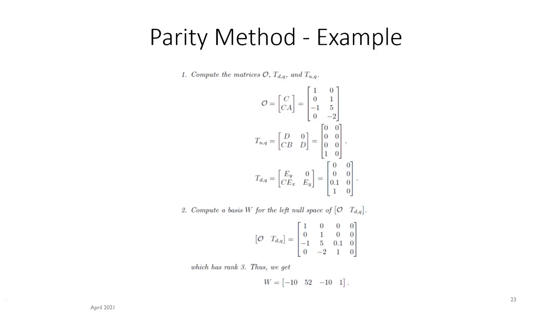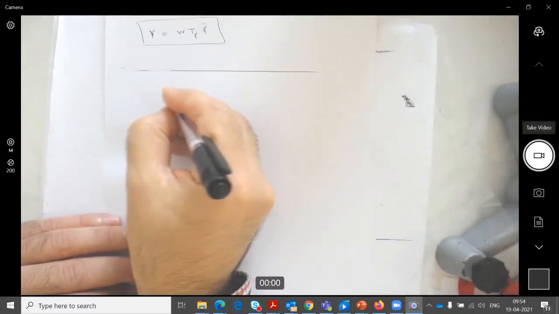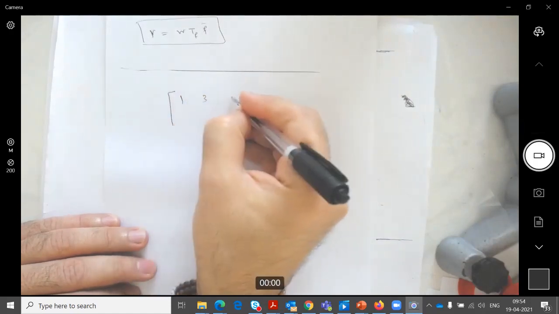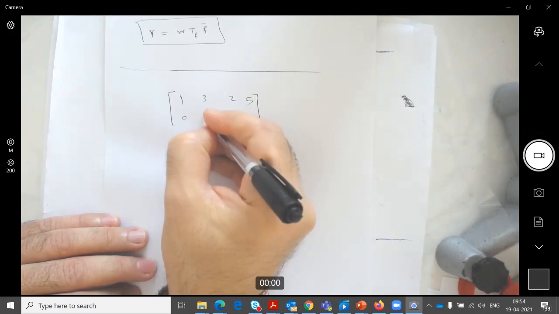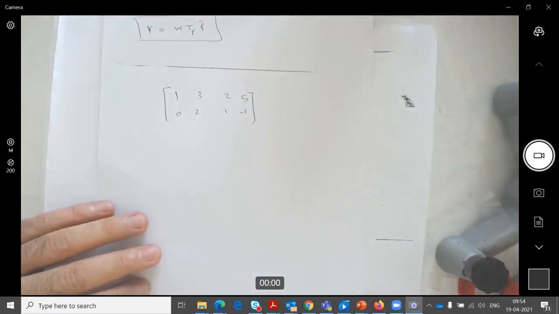But the point here is whether this rank is 2 or not. So how to check it? Just notice the first two rows here. You have a 2 by 4 matrix, for example, 1, 3, 2, 5, 0, 2, 1, minus 1, something like that.